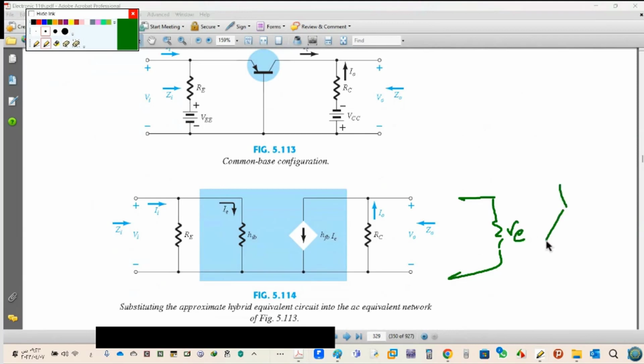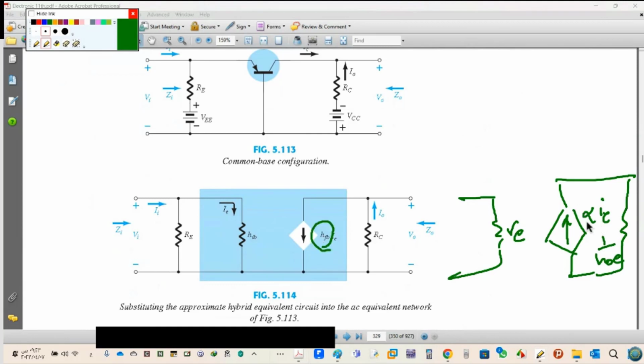Oh, big mistake. Up, alpha IE, and this is here 1 over HOB. So HFB is minus alpha, or minus 1 you can write.